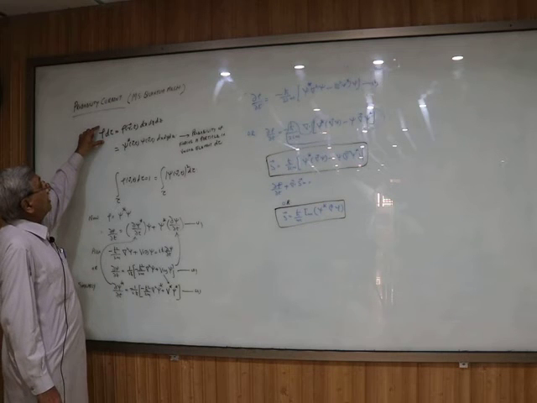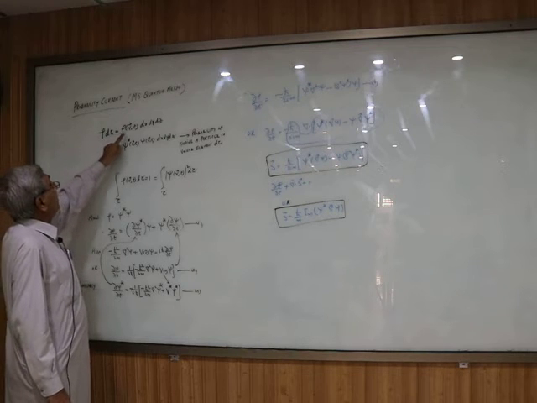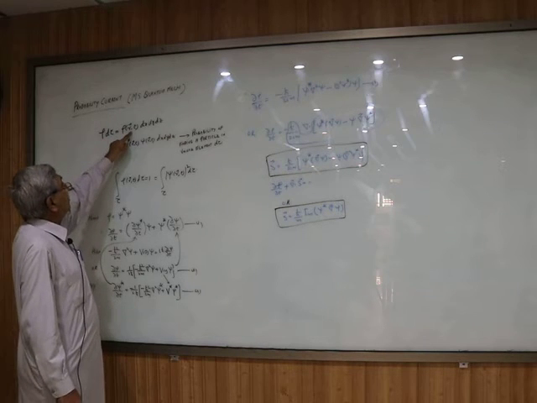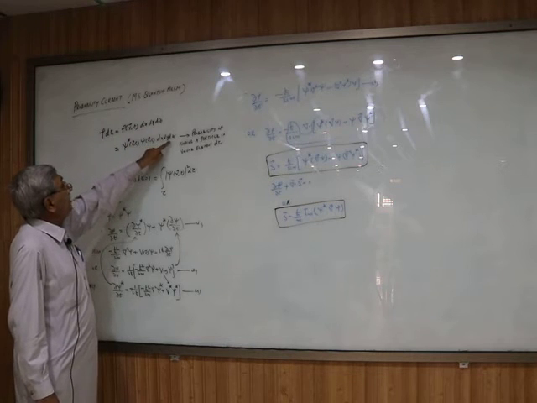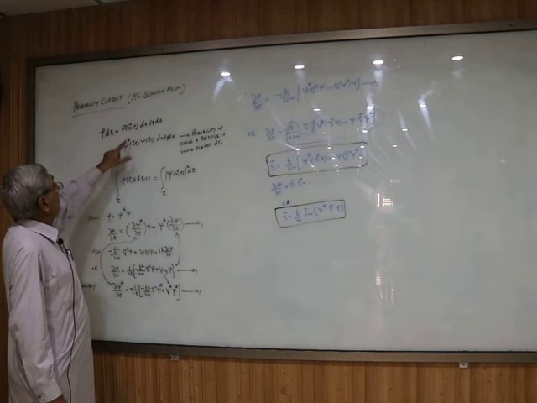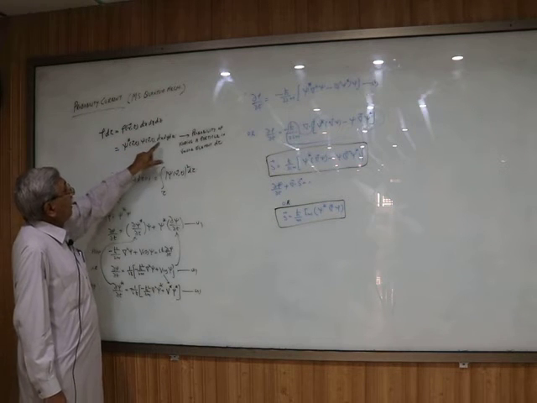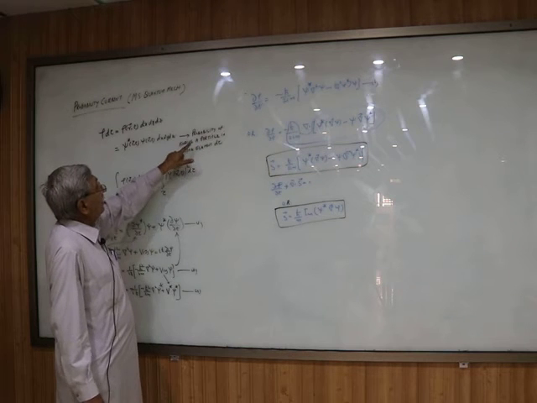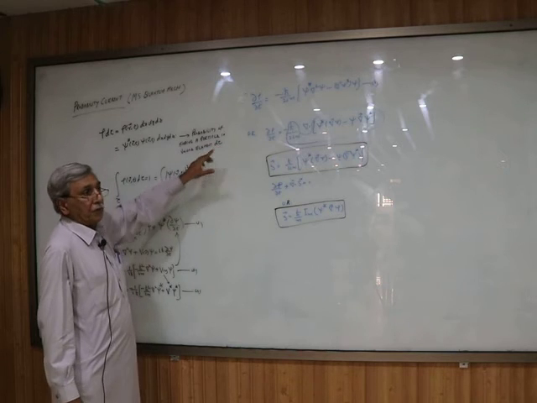But if you are not working with a unit volume, you are working with a volume d tau, then you will multiply probability density with d tau. This is d tau, which is dx, dy, dz, and rho rt means psi star rt, psi rt. And this is the probability of finding a particle in the volume element d tau.